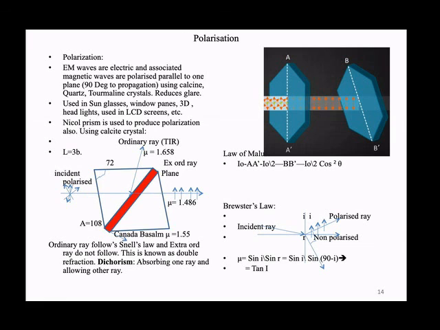Now let us see polarization. Polarization means what? Light coming here is an electromagnetic wave. It is all round, perpendicular to the propagation. We have electric and magnetic waves in the entire plane. So when we send it through a crystal, what happens?